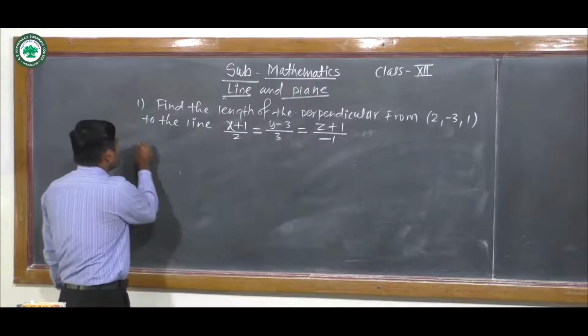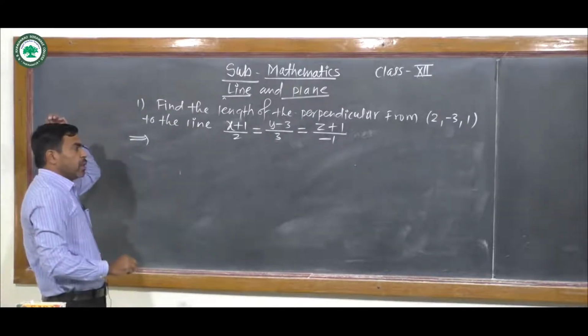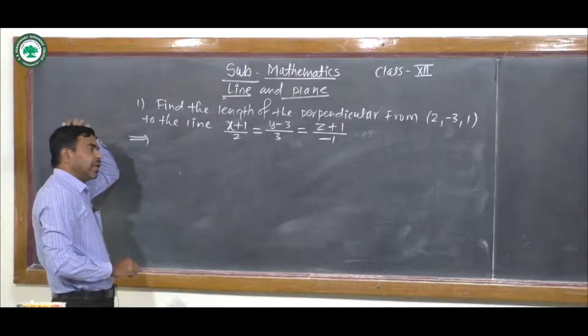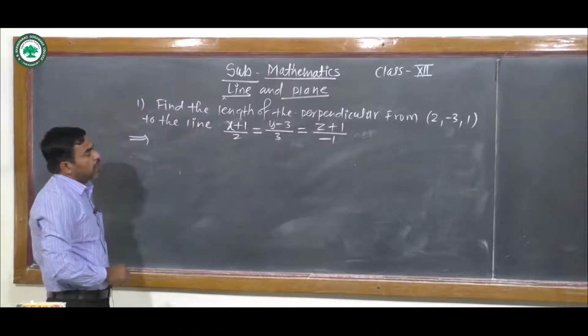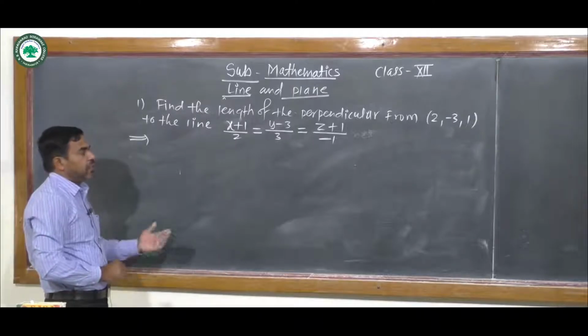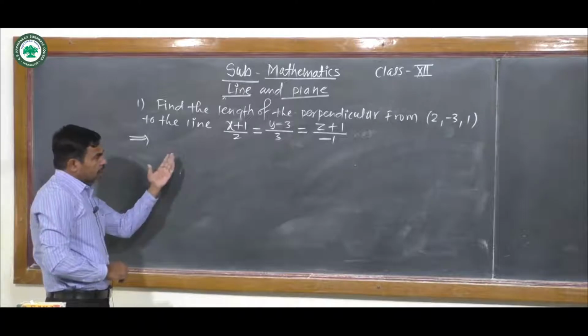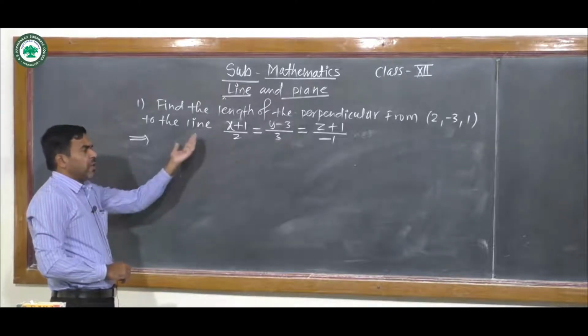Now see here, the equation of line is given in Cartesian form, and the point P is also given in Cartesian form. Now you can convert this Cartesian equation into vector equation.